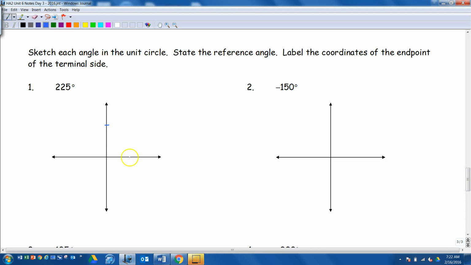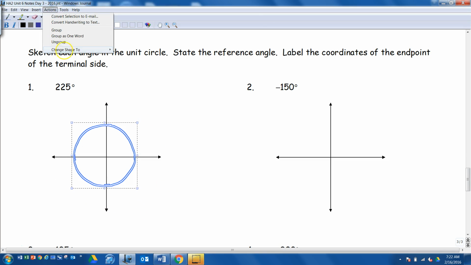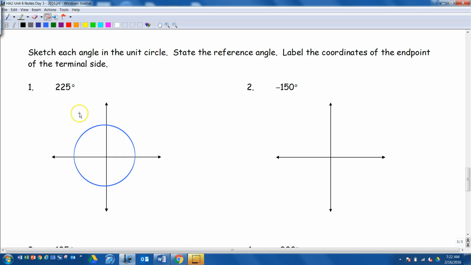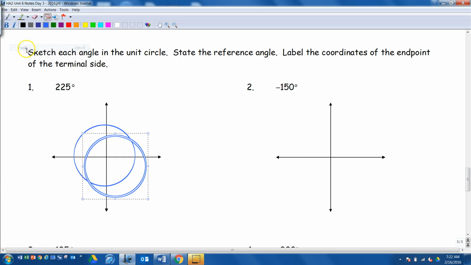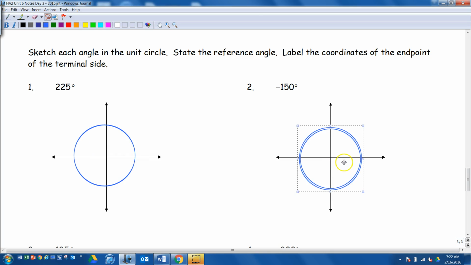So I'm going to make a circle here, and I'm going to cheat a little bit. I have a tool that can change the shape to a circle, so it smooths it out a little bit. And then I'm going to copy it. You guys could just draw circles on all these problems. This will just make it nicer looking.